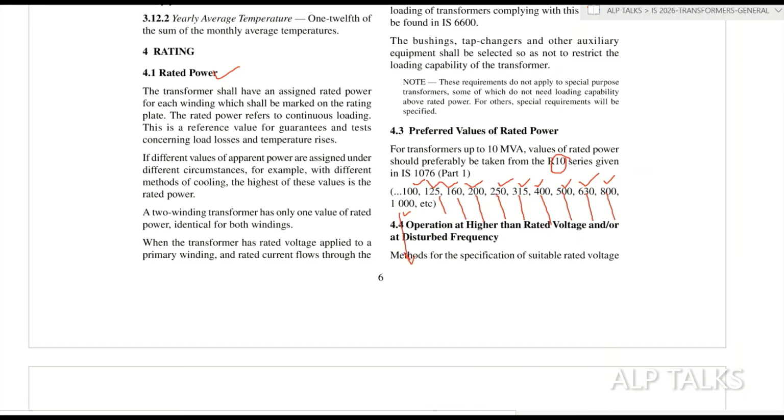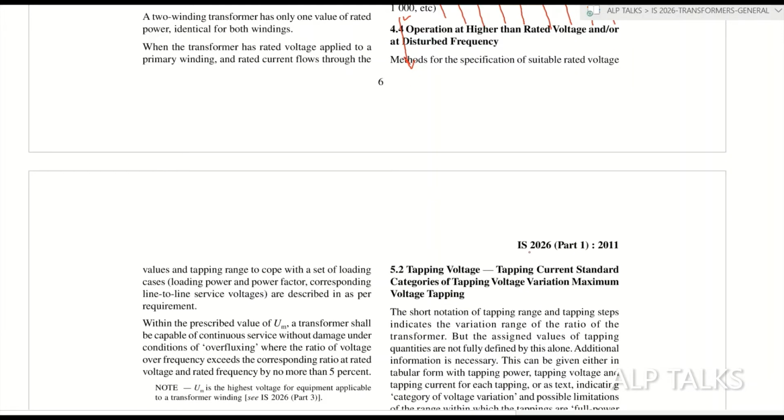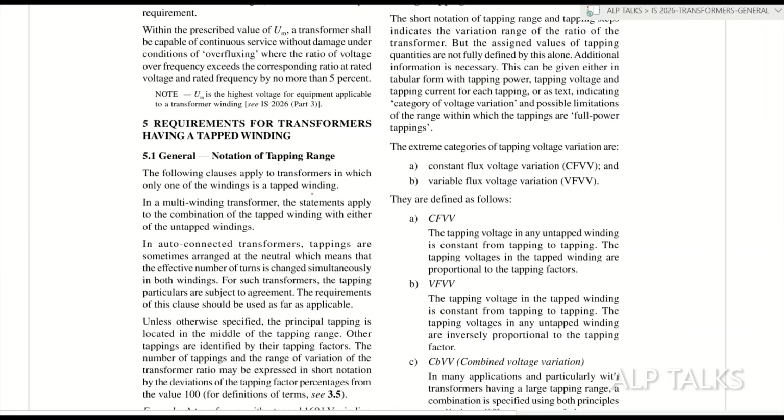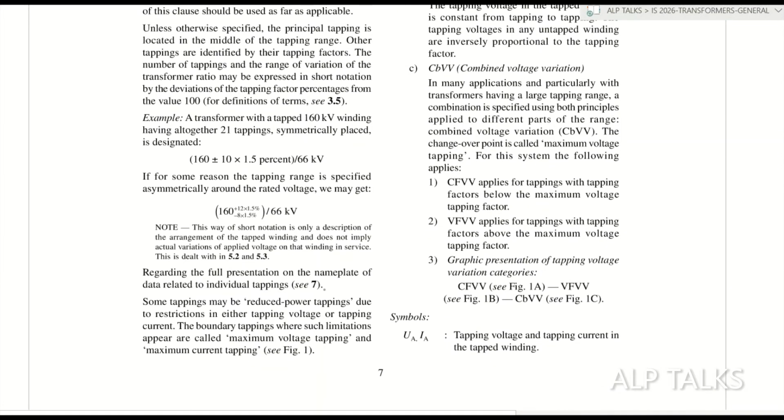The cycle repeats: 12.5 MVA, 16 MVA, 20 MVA, 25 MVA, 31.5 MVA, 40 MVA, 50 MVA, 63 MVA, 80 MVA, 100 MVA. Those are some preferred ratings, that is what the standard rating says.